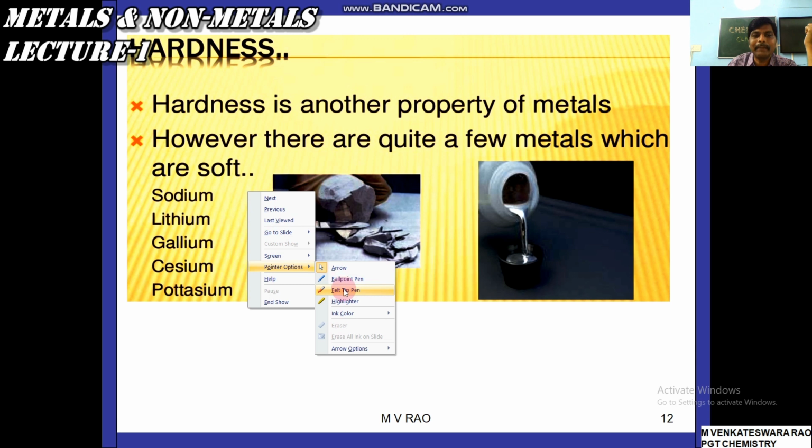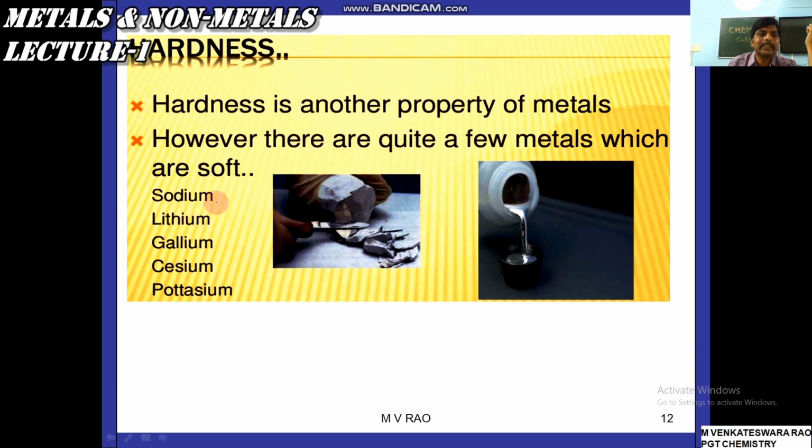What are the alkali metals? Sodium, lithium, potassium, rubidium, francium, cesium. These alkali metals are soft. You can cut alkali metals with a knife. Mercury, of course, is a liquid.